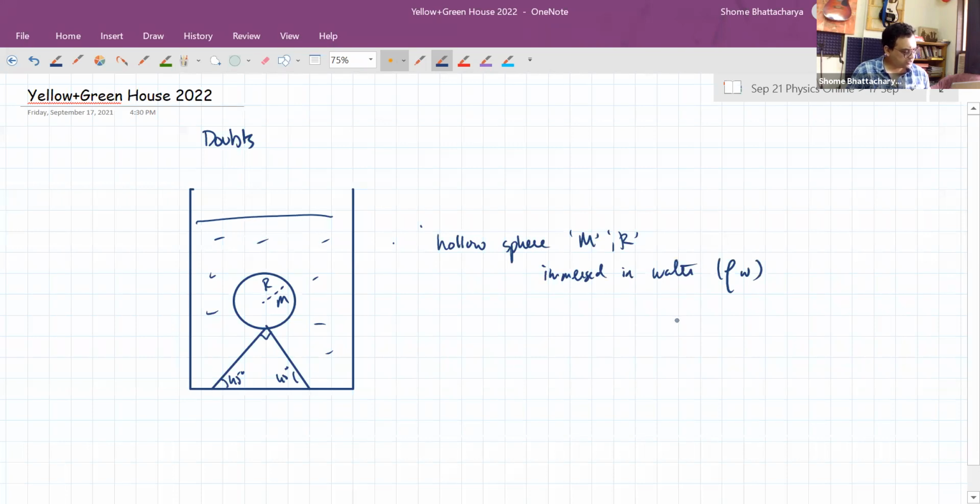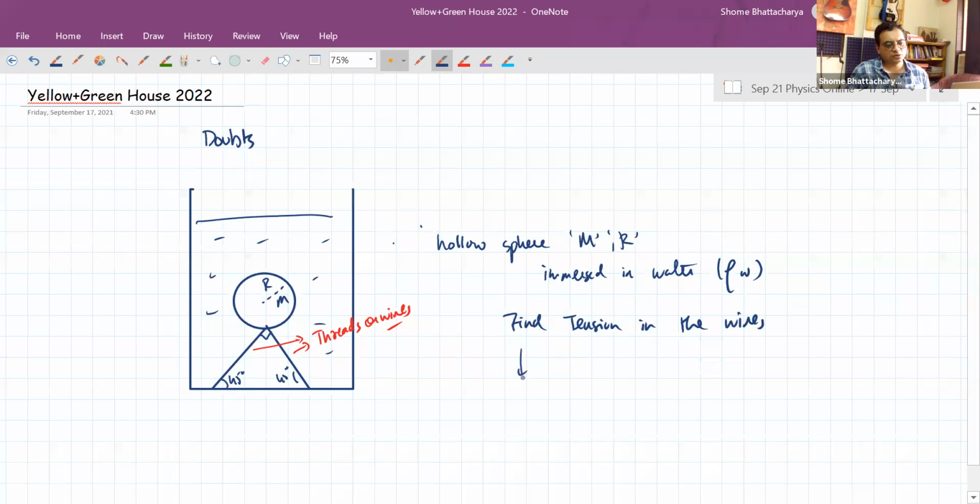Okay. The sphere is tied at the bottom by two wires. So these two are two threads or wires which are like this at 45 degrees. So the tension in the wires we have to calculate. So we want to find the tension in the wires.